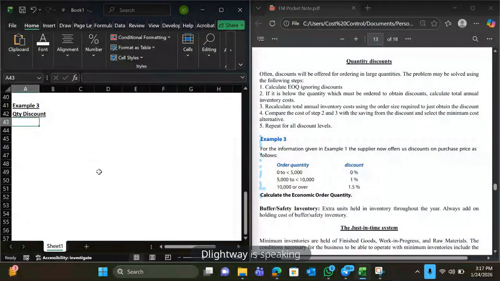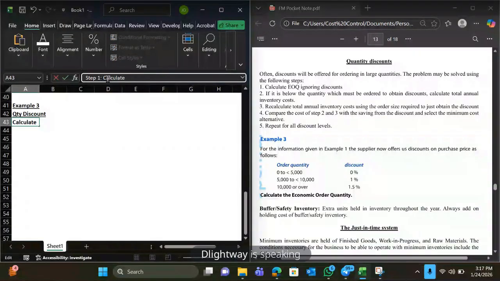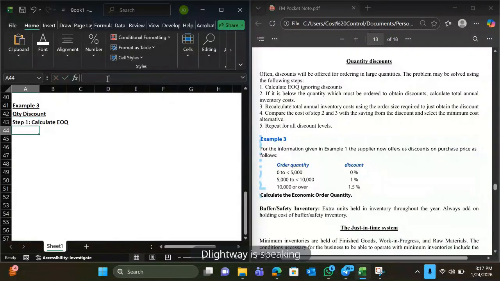Now, like I told you, the first step is to do what? Let me put it here so that we can easily pick it when I'm sharing the Excel file. Step 1: calculate EOQ. Step 2: the steps will be more than what they wrote in the pack, I just want us to understand it better.